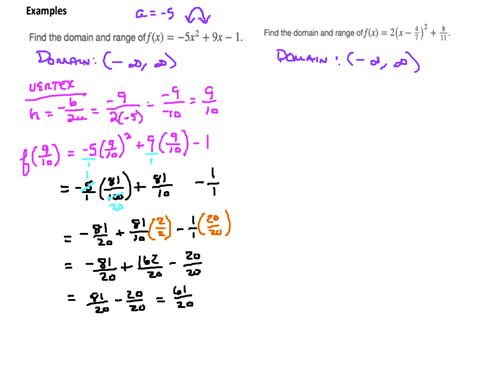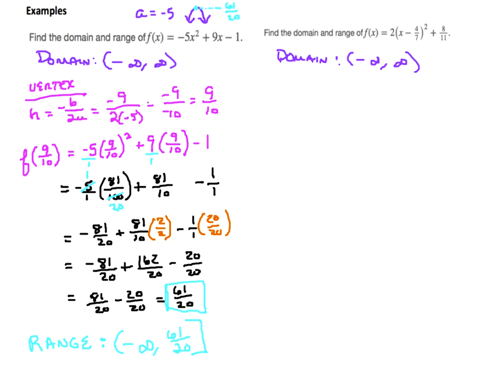What I know now that I have found this 61/20 value as the y-coordinate of my vertex, this thing is never going to go over or above a y value of 61/20. So my range, I come up from negative infinity, and I'm going to stop at and never go above, but include, 61/20.